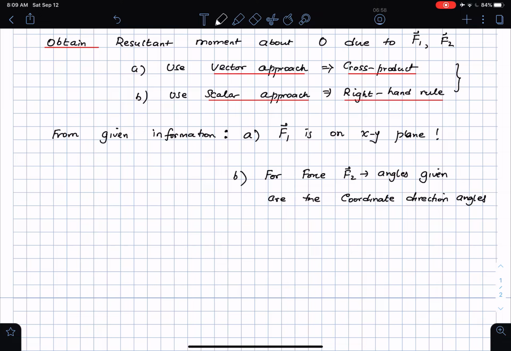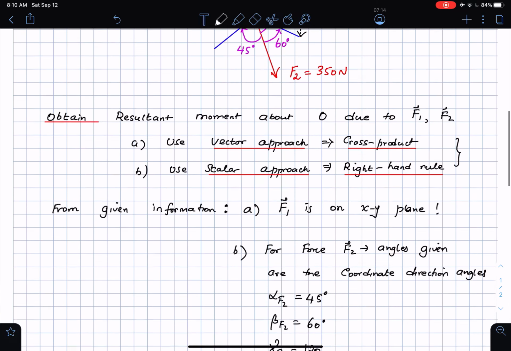So alpha F2, beta F2, and gamma F2 are given to us as 120 degrees, 60 degrees, and 45 degrees, as you can see from the figure here.